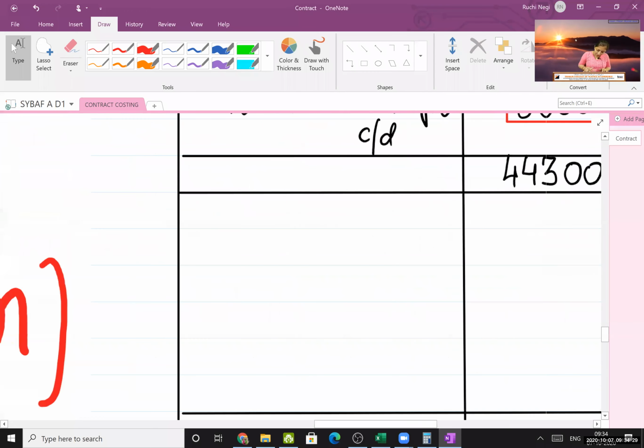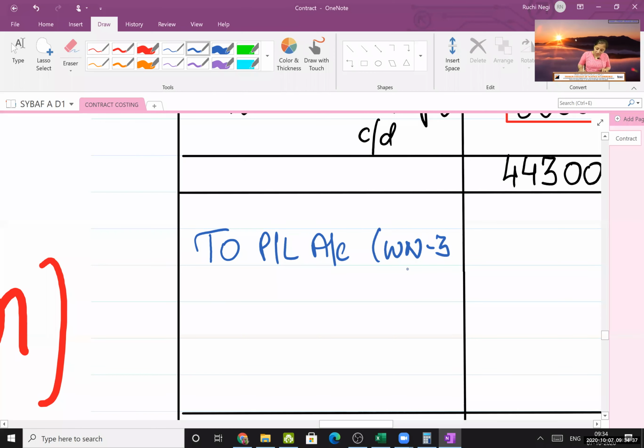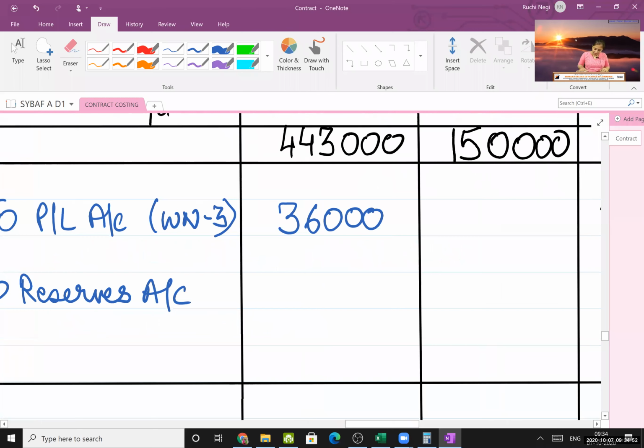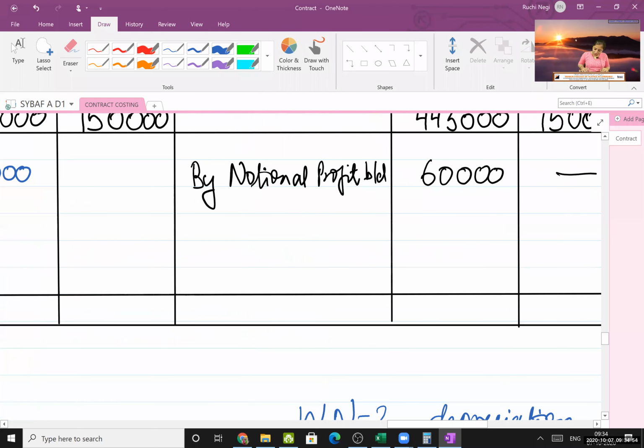So write here, to P&L account, working note number 3, 36,000. And the balance will go to reserves. So how much is the balance?